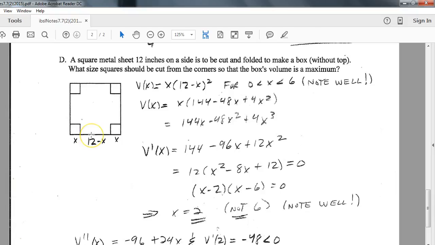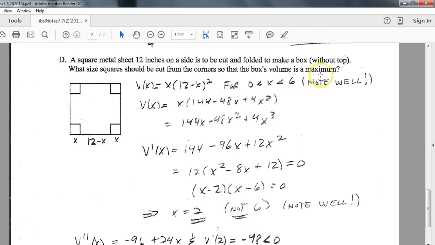So that's 2 of my dimensions, 12 minus 2x by 12 minus 2x. The pieces that I'm folding up have a height, so picture this as the height of the shape, x. That's where we're getting the volume function right here, length times width times height. But again, that should say 12 minus 2x. That's what it should have said moving forward.